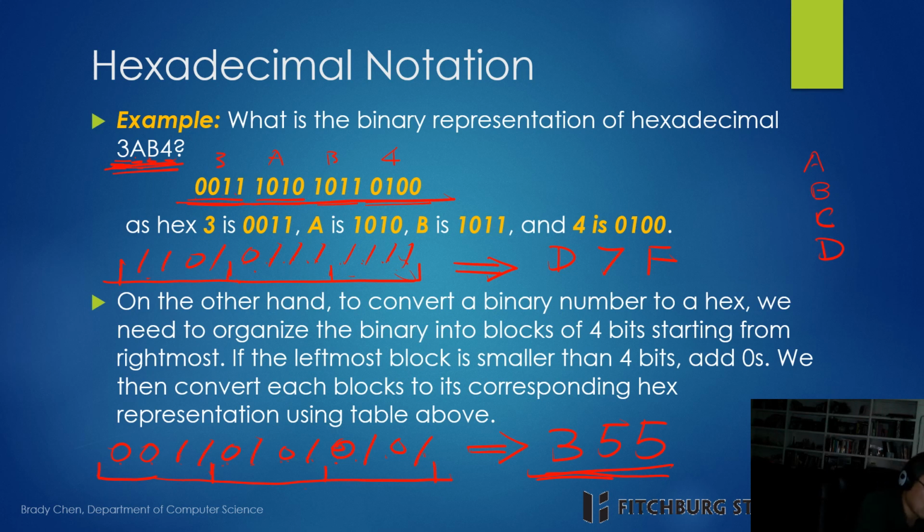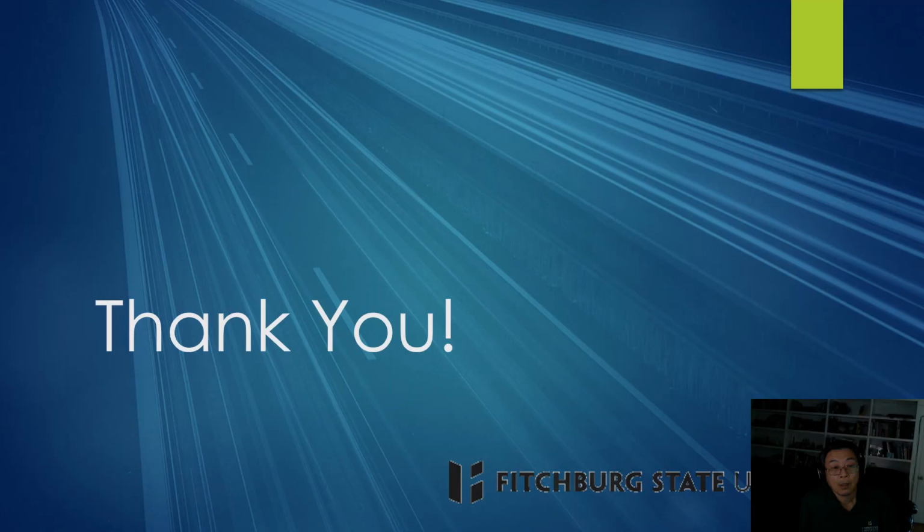So in this case, if the hexadecimal contains only the digits from 0 to 9, then sometimes you can put the 16 over here as a subscript. Or sometimes people use something like 0x at the beginning to show people that this is not decimal, this is hexadecimal. So either way, you have to tell people which numeral system you use. Okay, so that's the end of module 4.